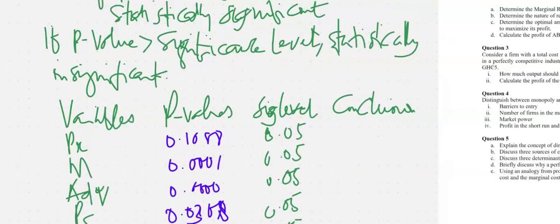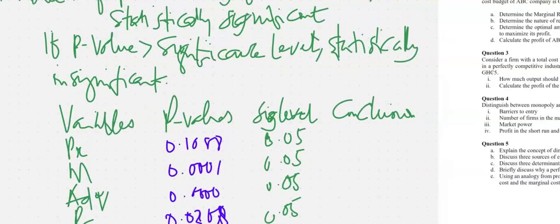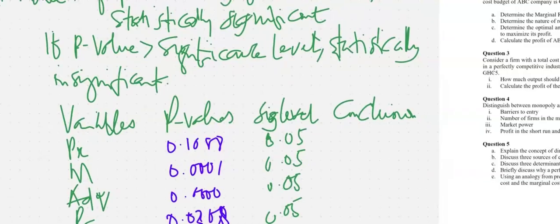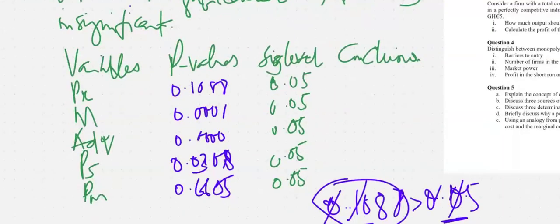The second rule, if the p-value is more than the significance level, statistically insignificant. So since the p-value is more than it, we say that statistically, so I'll write it in short, statistically what? Insignificant.